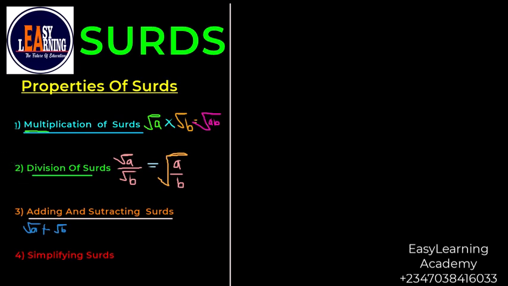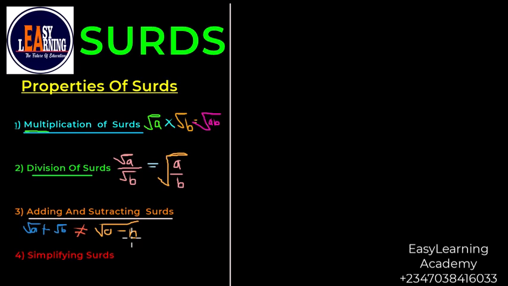There's something I want us to know: this is not equal to putting everything together and taking the square root of A plus B. No, it's not equal to this.